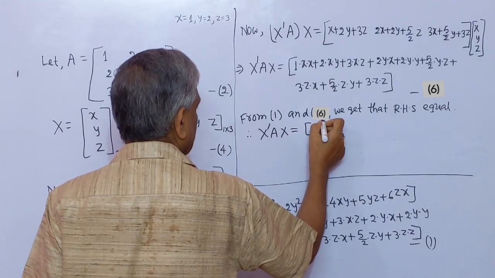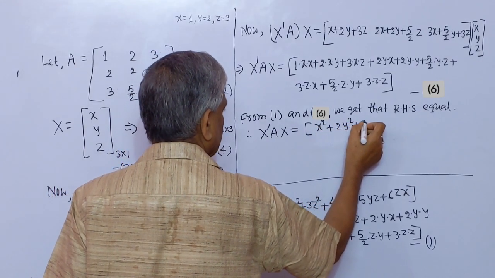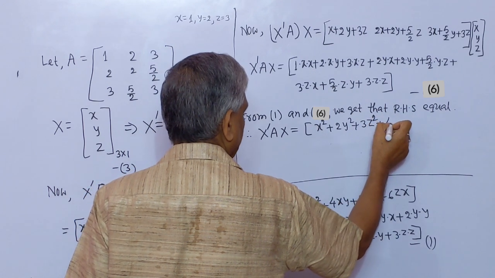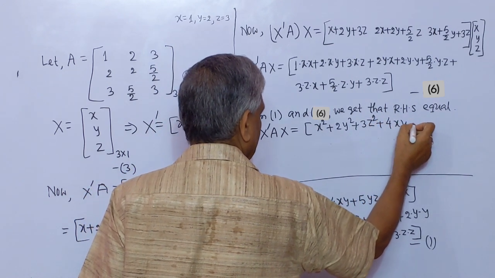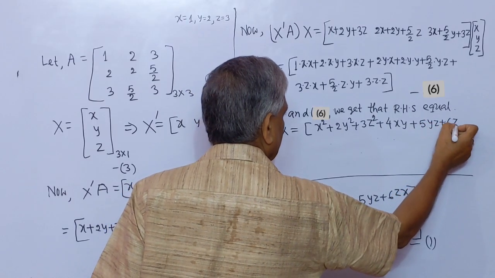this is x square plus 2y square plus 3z square plus 4xy plus 5yz plus 6zx.